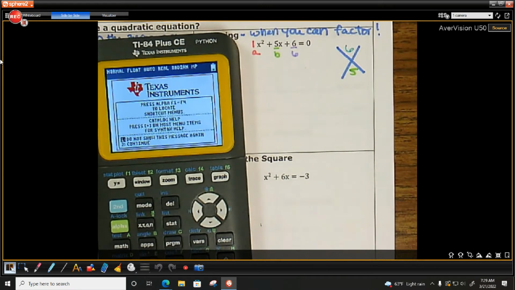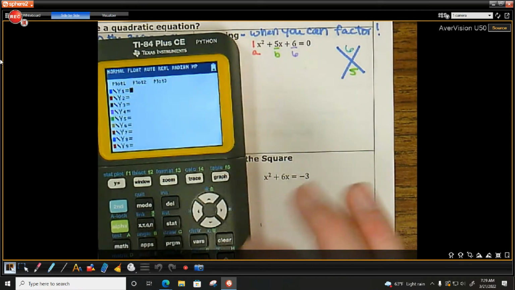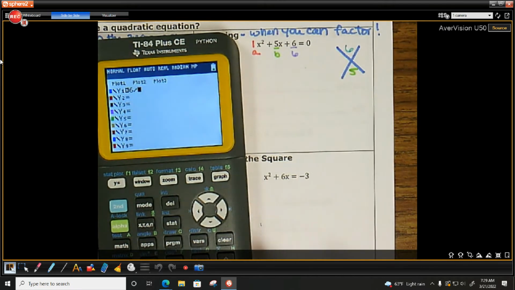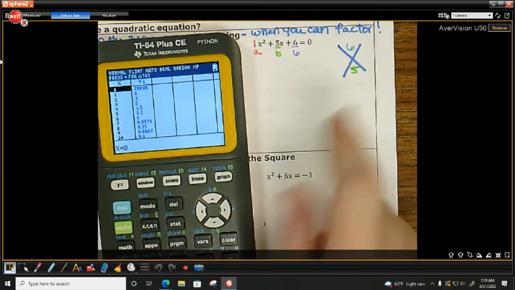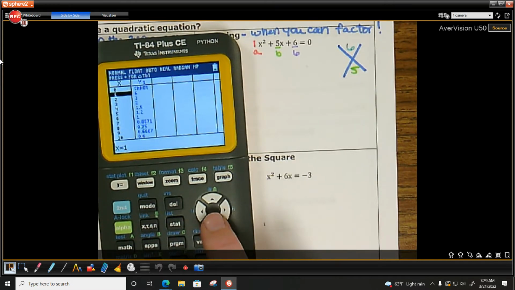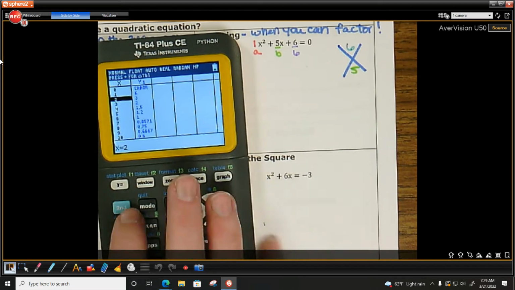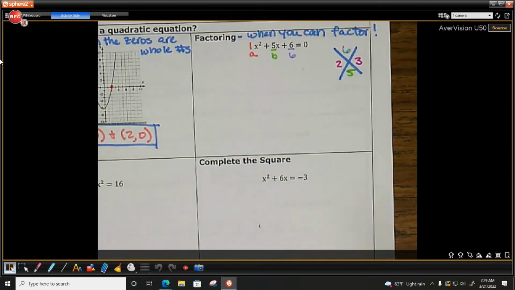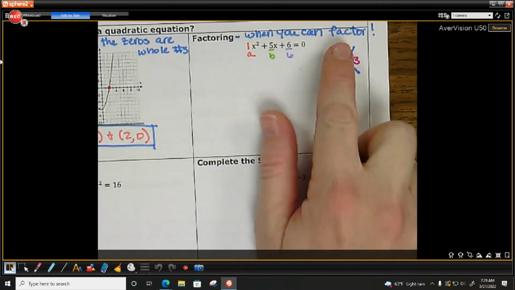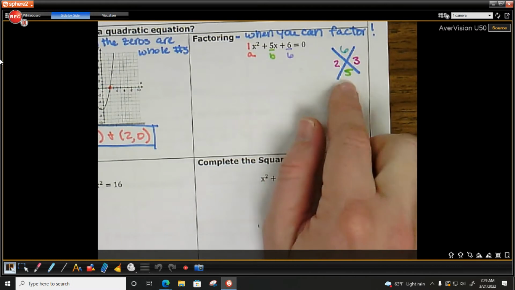Go to y equals, and you can do 6 divided by x. That's how you can pull up your factors. And we're looking for 2 numbers that add together to give you 5. 1 and 6 give you 7. 2 and 3 give you 5. So 2 and 3. 2 times 3 is 6. 2 plus 3 is 5.